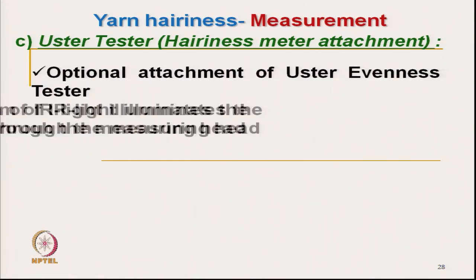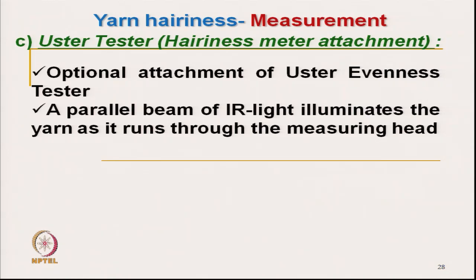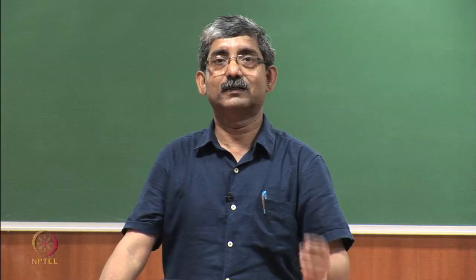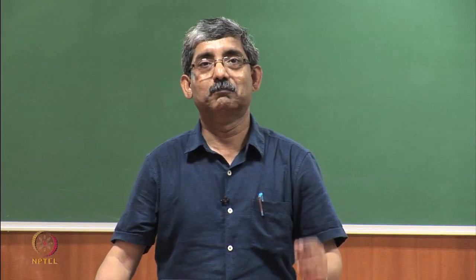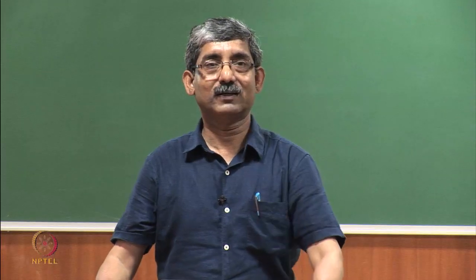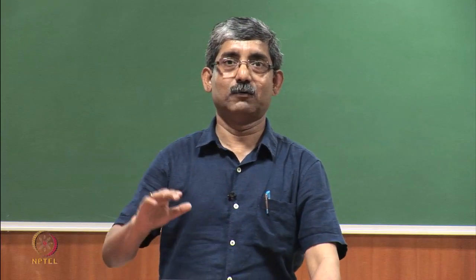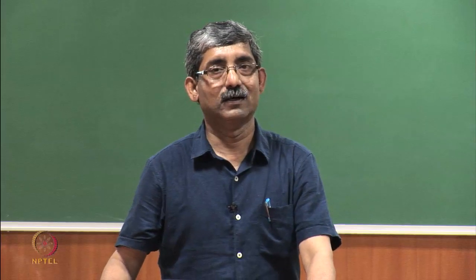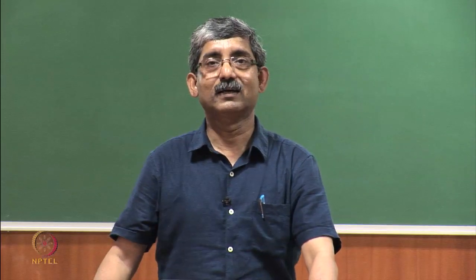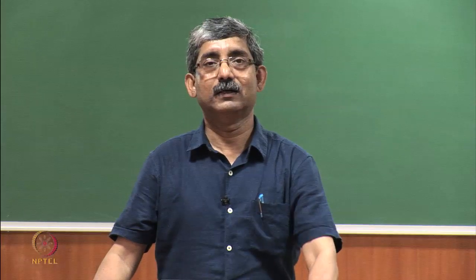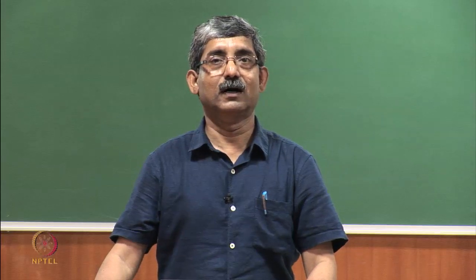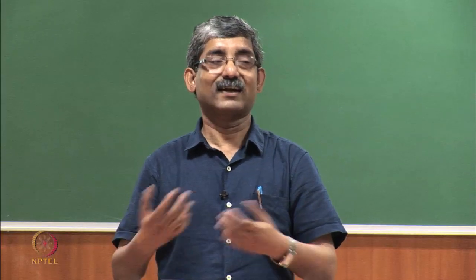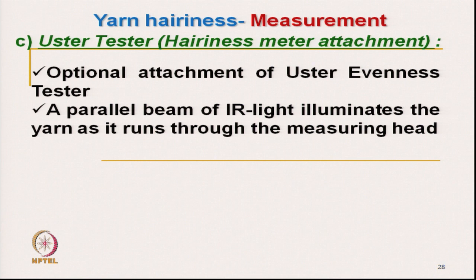What we have seen in the earlier methods, Zweigle and Shirley, is that we measure the length of hair protruding above the yarn surface at a certain specific setting, whereas the Worcester principle measures the amount of light scattered by hairs.